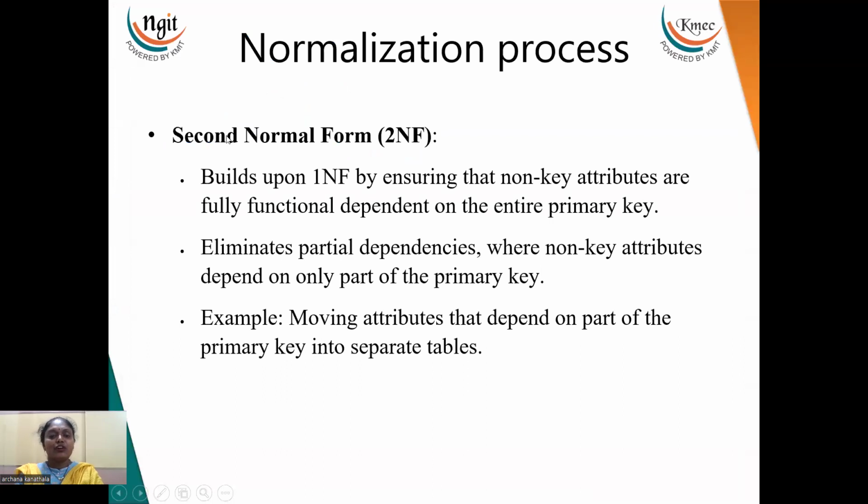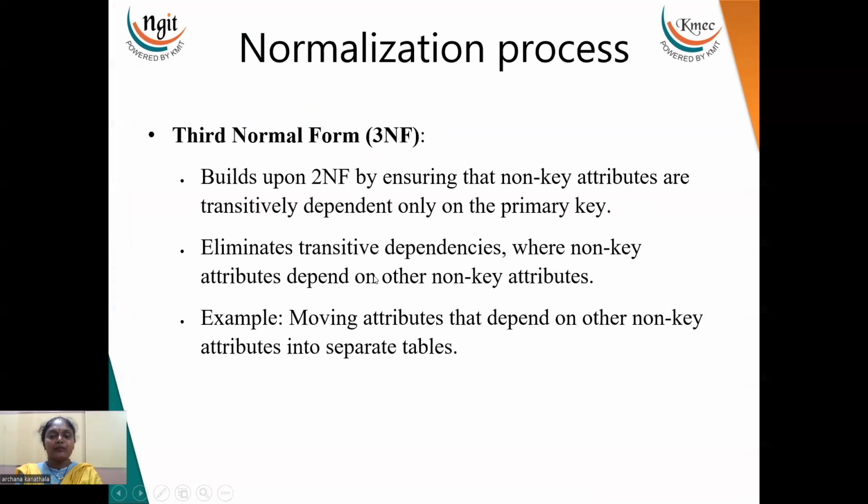That is second normal form, which will eliminate all the partial dependencies where a non-key attribute depends only on part of the primary key.